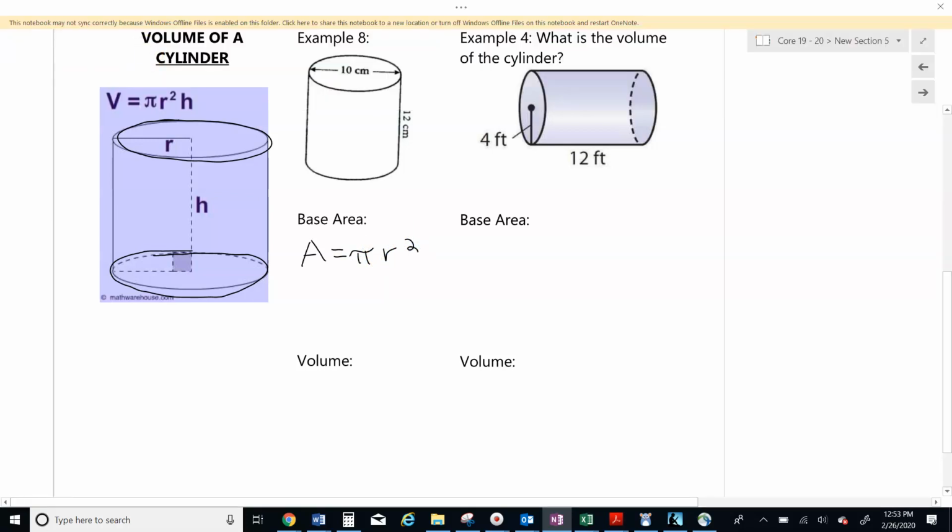This whole distance across here is not the radius. This is the diameter. And half the diameter equals your radius. So half of 10 equals 5.